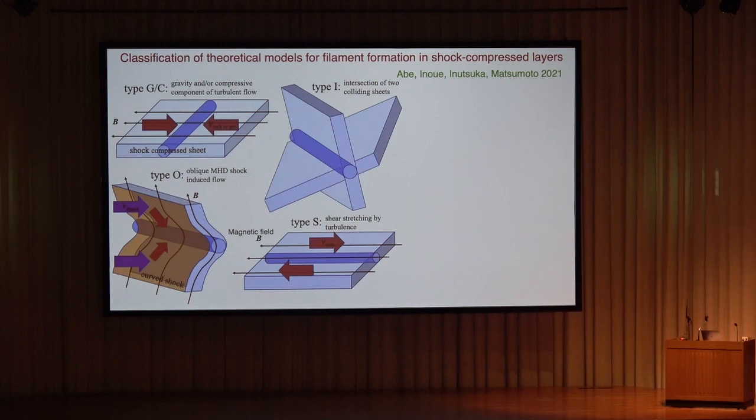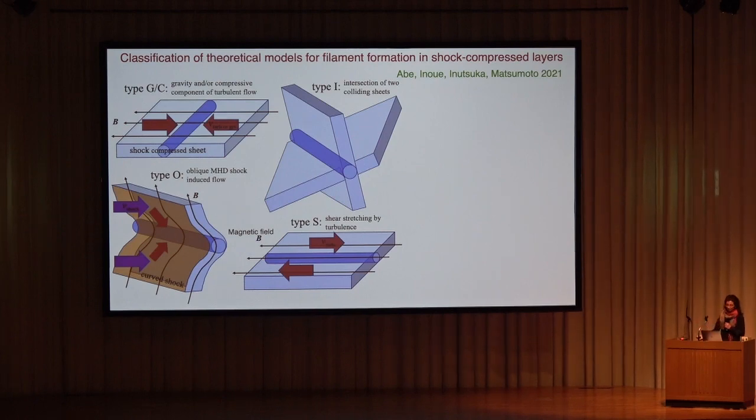Yes, thank you for your question. Regarding the filament formation modes that will form self-gravitating filaments and star-forming filaments, as I said, the difference between type C and type O is the shock velocity.